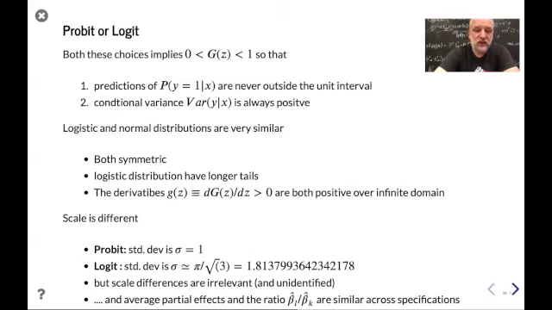We also see, as we'll see later, that the average partial effects and the partial effects themselves, the change in the response probability when you change the explanatory variables, will be similar for both Probit and logit, because those response probabilities are really a function of beta divided by sigma. We're going to look at that when we make a more thorough treatment of the partial effects. And also the ratio of different coefficients is going to be different across different specifications.